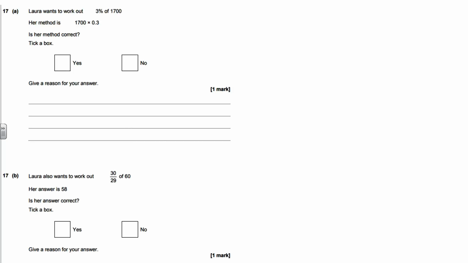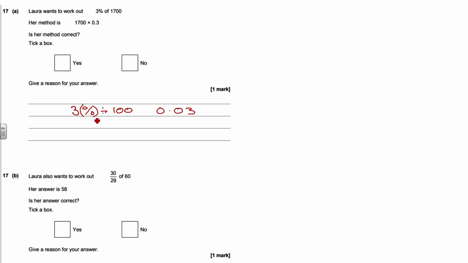Question 17. Laura wants to work out 3% of 1,700. Her method is 1,700 times 0.3. Is her method correct? Now, you're expected to know that to work out a percentage with a decimal multiplier, you have to divide the percentage by 100. So that's 0.03. So 0.03 is what I should be multiplying by.